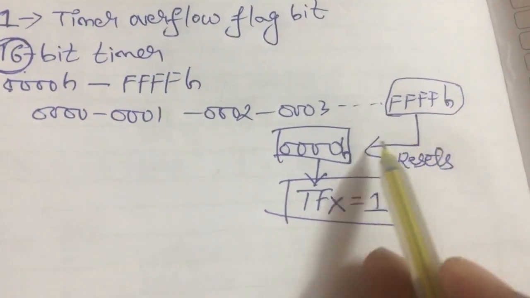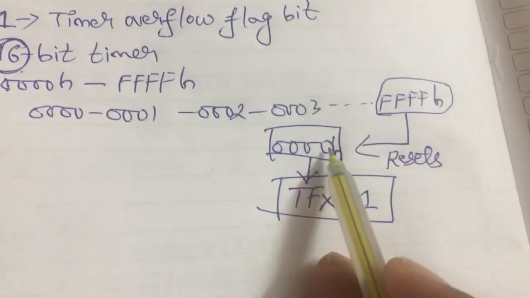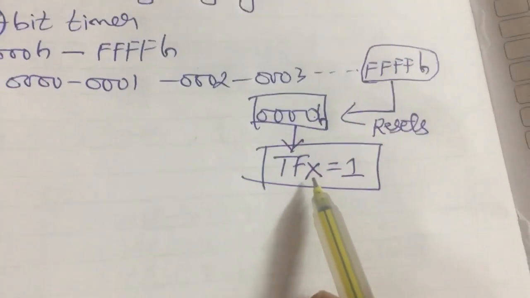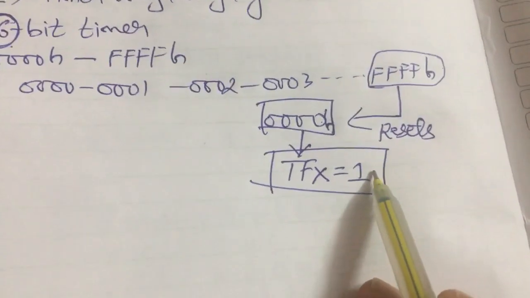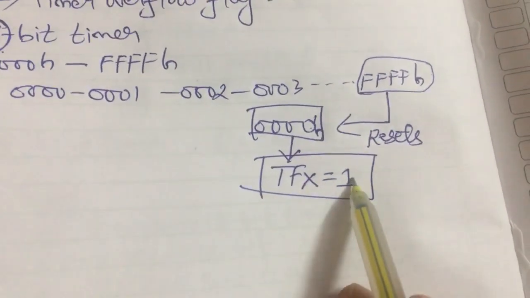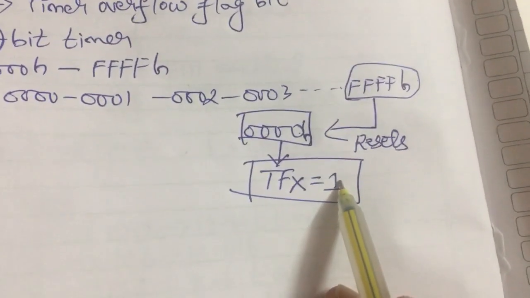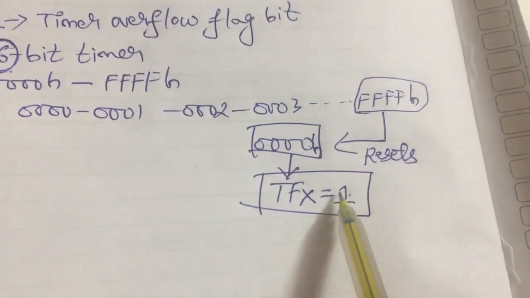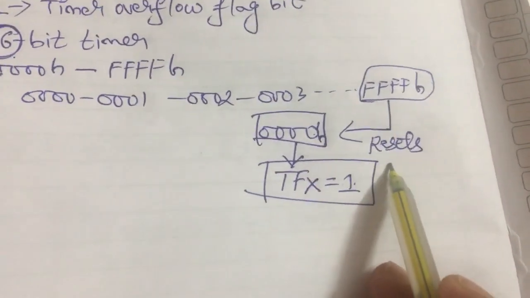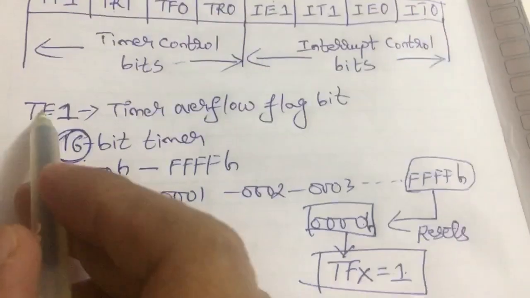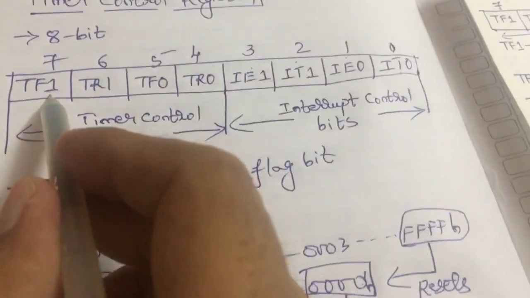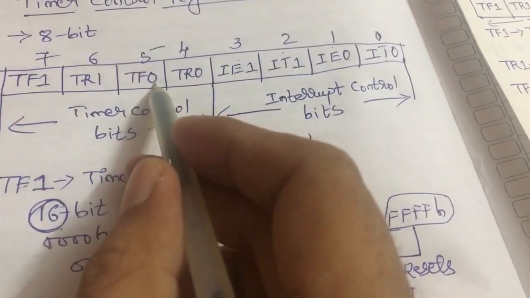When the timer resets back to 0000H, automatically the value of TFX becomes 1. The meaning is, when this becomes 1, the programmer will come to know that the timer has been reset. So this is about TFX, meaning TF1 as well as TF0.